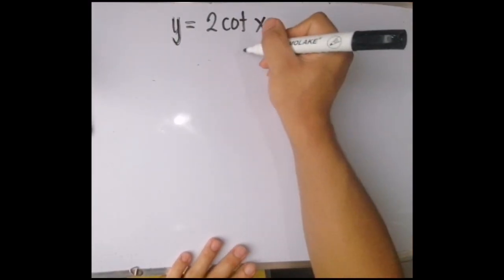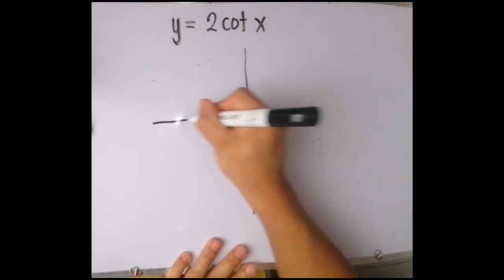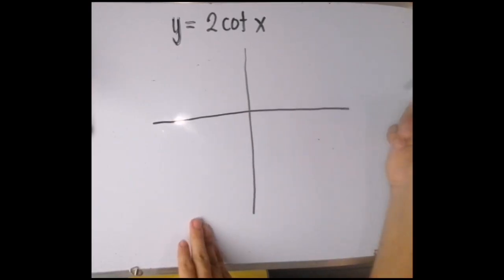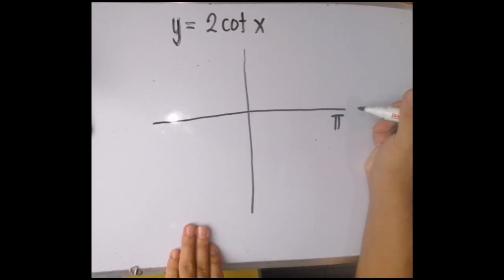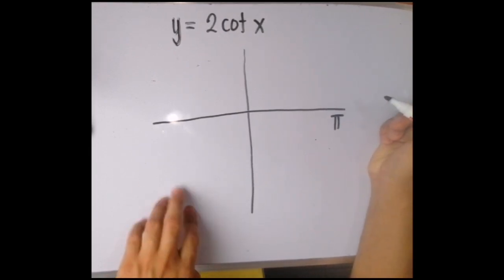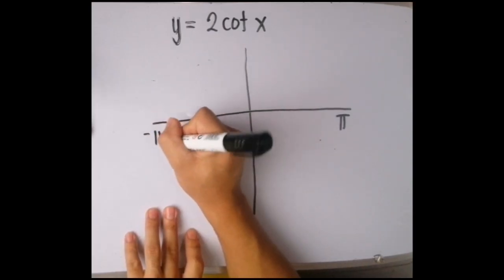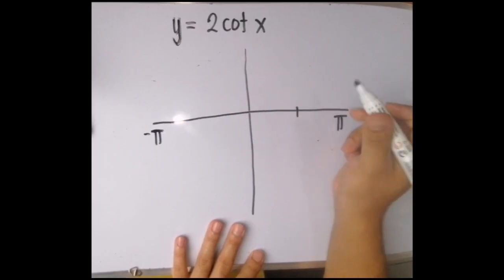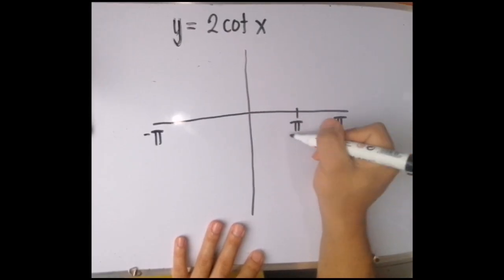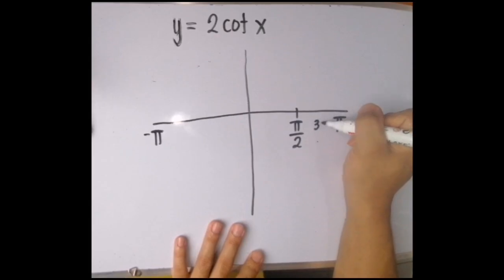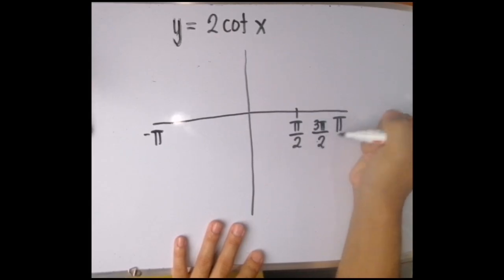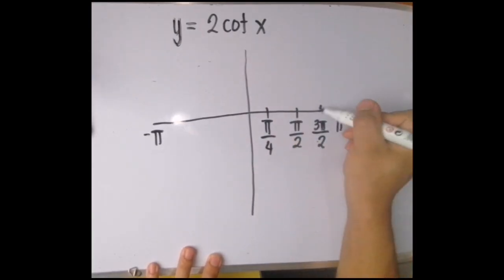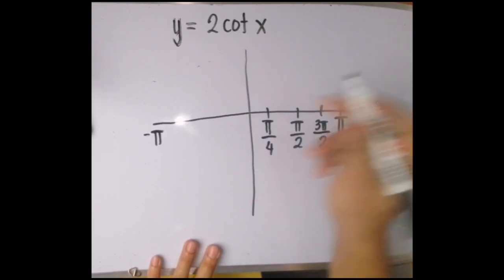So let's graph it. As we know, the period of cotangent is pi. So the same on the left side, this will be negative pi, and the center of pi and 0 is pi over 2. So we get 3 pi over 2 and pi over 4. Same as this side.